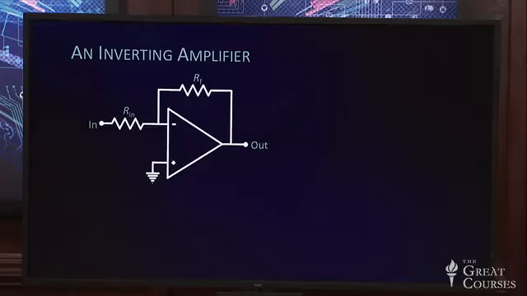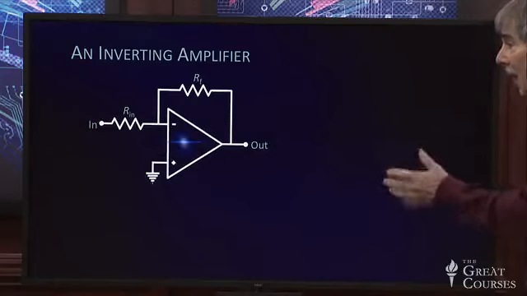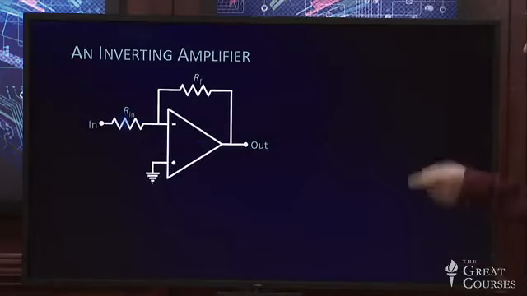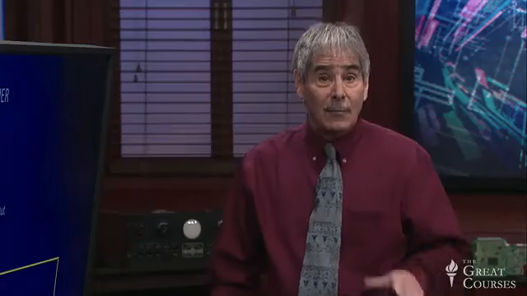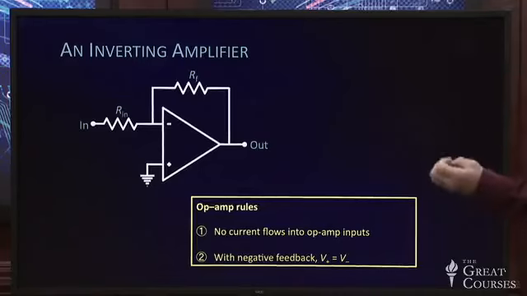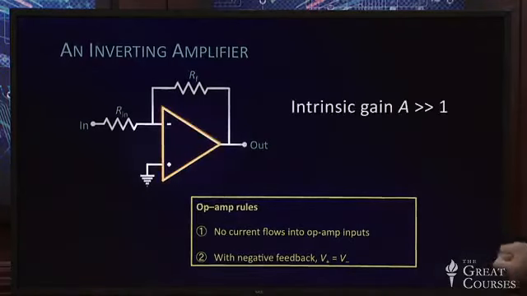So here again is our inverting amplifier, an op-amp, an input resistor Rin, a feedback resistor RF. But now we know the op-amp rules. Remember where they came from. They came from doing all that complicated math, but we never have to do it again. The op-amp rules came from doing the complicated math and then making the assumption that the gain A, the intrinsic gain of the op-amp, was much, much bigger than 1.